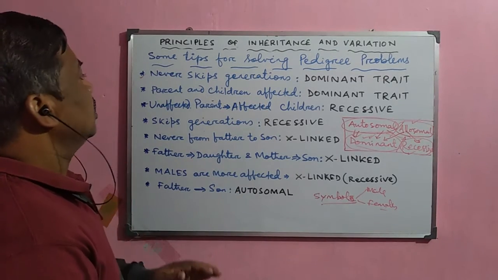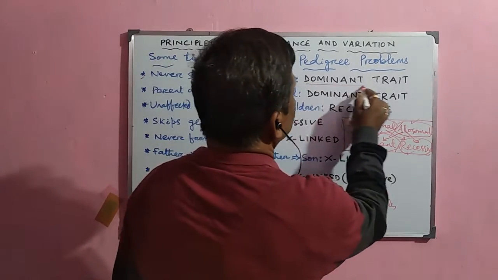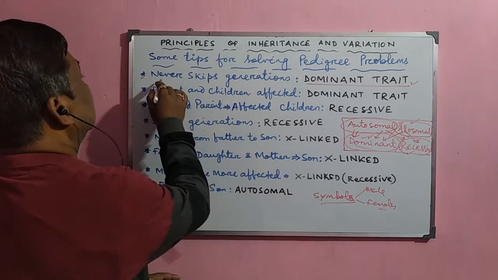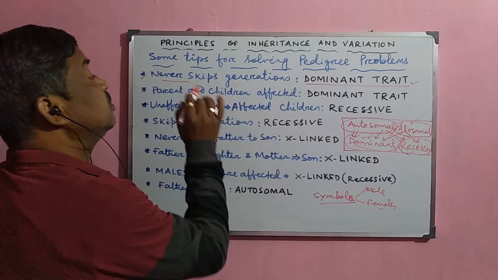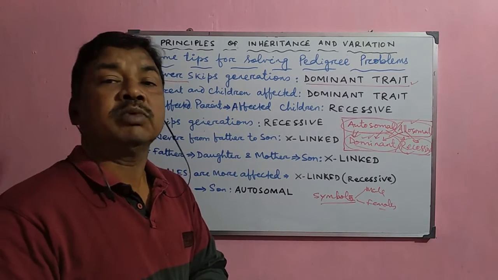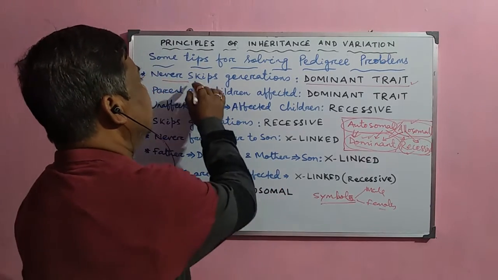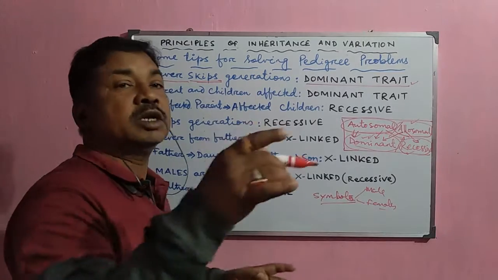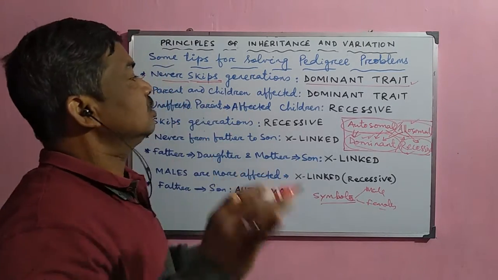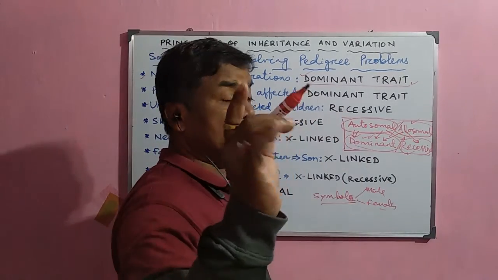First, if the disease is due to a dominant trait, then it never skips a generation. That means if the parents have the disease, then their children must have that disease. In the first generation, second generation, and third generation, it is present continuously.